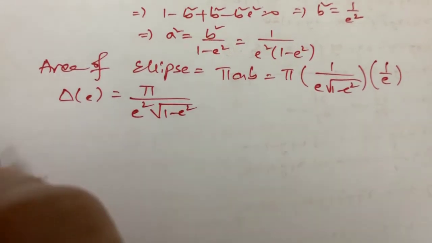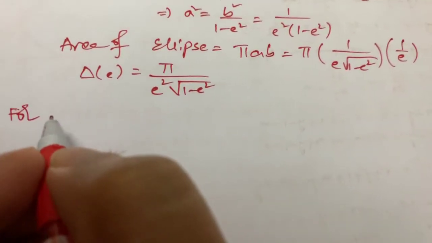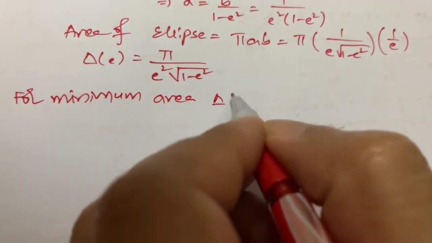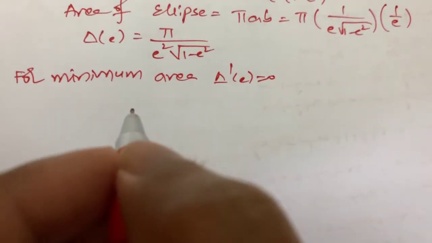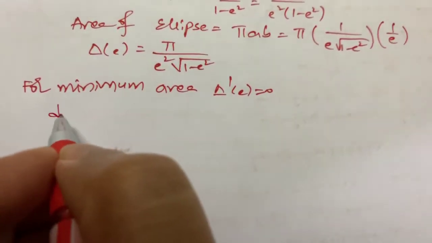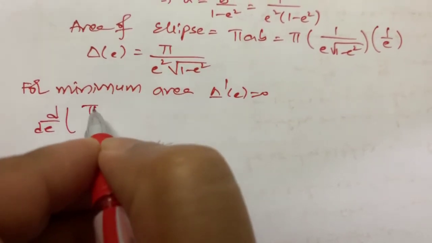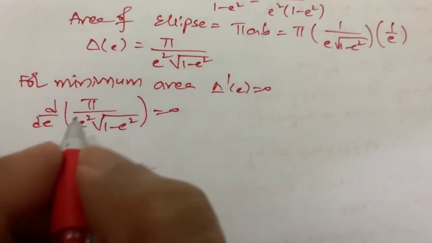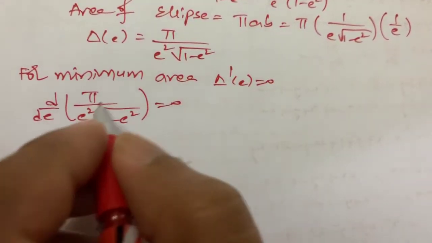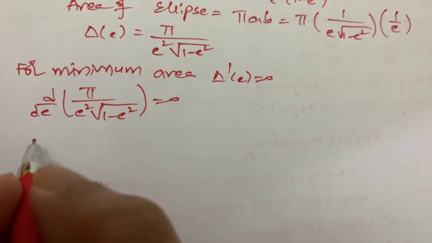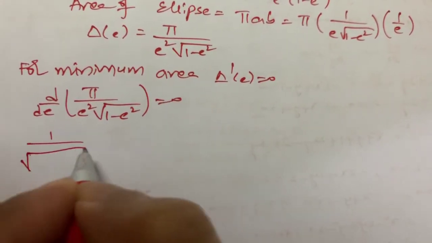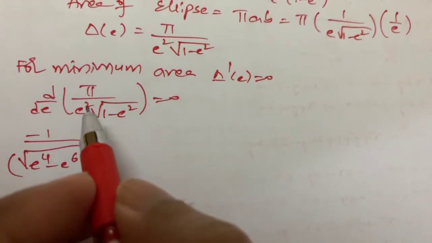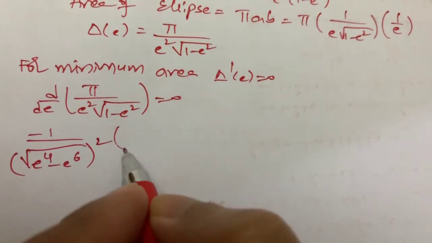So for minimum area, delta dash of e is equal to 0. So if I differentiate this, d/de of π/(e²√(1 − e²)) is equal to 0. So π is a constant, I can take it out. So this is 1/(√(e⁴ − e⁶))², minus of, because 1/x, no, minus 1/x² into the differentiation of this.